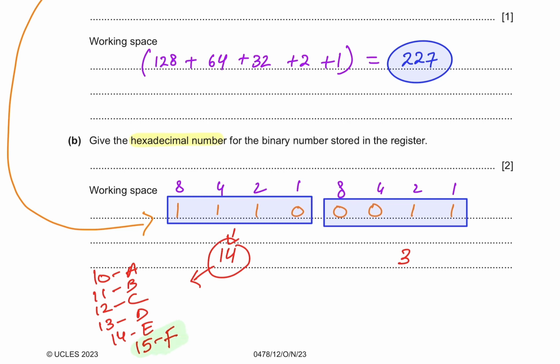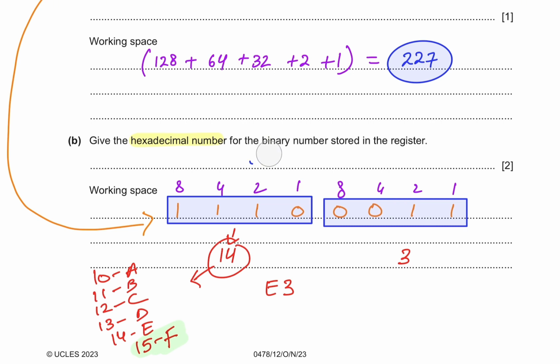The hexadecimal starts from 10 till 15, A till F. So we have to focus on E. E is 14. So your answer will be E3.